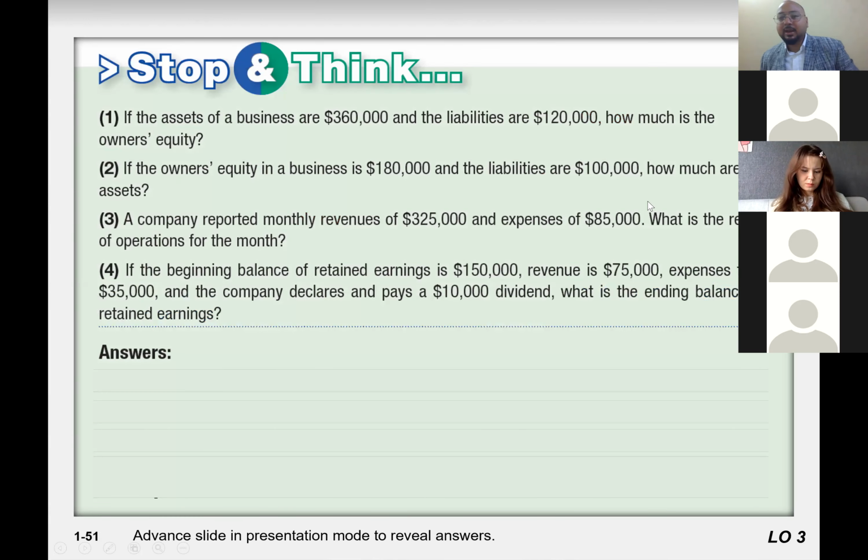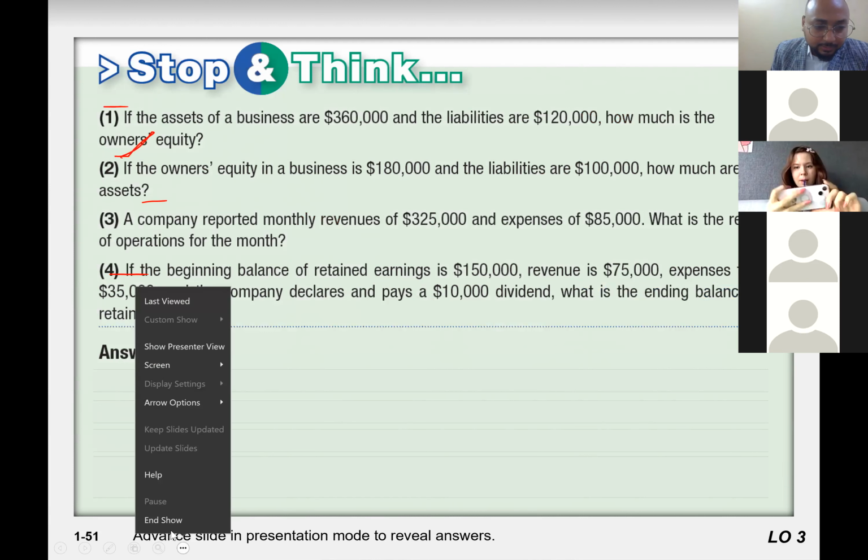Okay, so I'm going to be setting up the breakout room, and I want these answers from you. Now everybody knows that assets is equal to liabilities plus owner's equity. So you just need to find the answers to these requirements. You can take a picture.